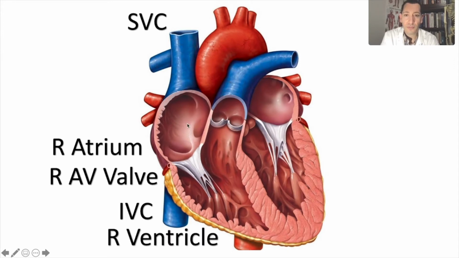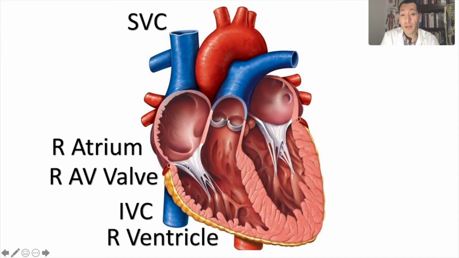Notice all this is right. That's because this is a heart that's facing us as if your patient is facing you. So this is actually the right side. And this valve here, the reason why it's called the atrioventricular valve is because this valve separates the atrium from the ventricle. So this is the right atrioventricular valve.